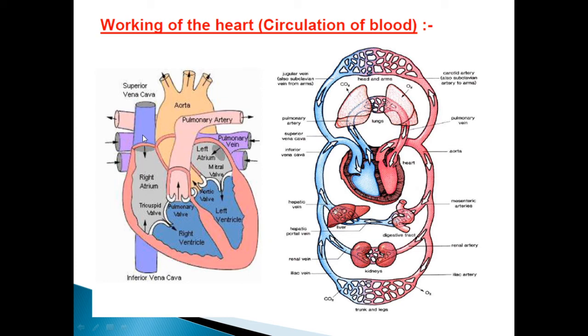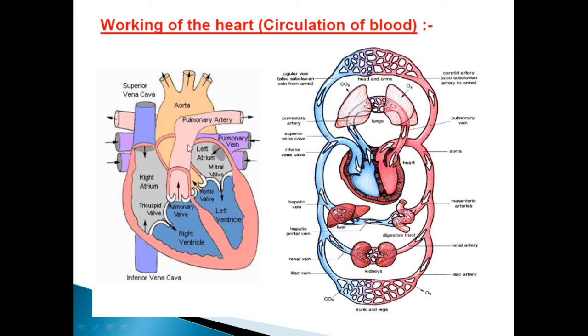The right atrium receives deoxygenated blood from body parts and sends blood to the right ventricle. From the right ventricle, through the pulmonary artery, the deoxygenated blood goes to the lungs. See, this pink one is the pulmonary artery. It supplies blood to lungs.